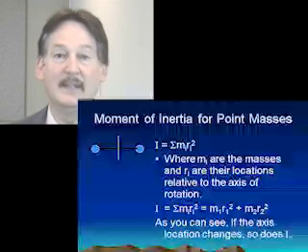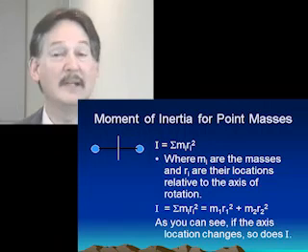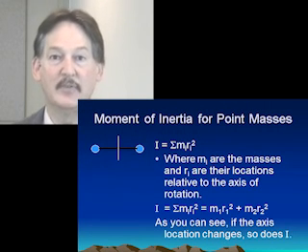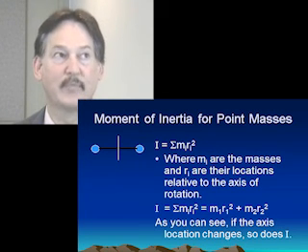We define the moment of inertia for a point mass system as the summation of the individual masses times their distance squared from the point of rotation.